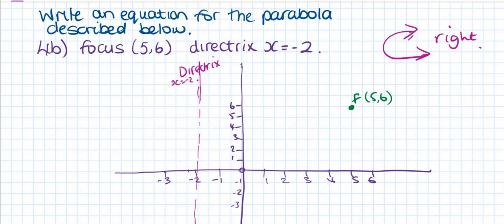We know from the facts about a parabola that the distance between the focus and the vertex is equal to the distance between the vertex and the directrix. So the vertex must be the midpoint between the directrix and the focus. So we could use the midpoint formula.